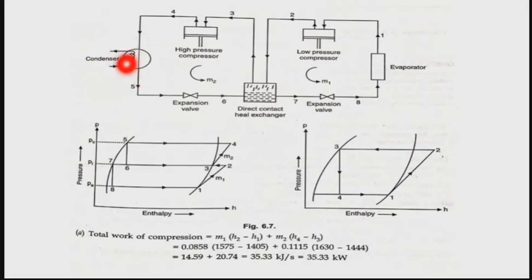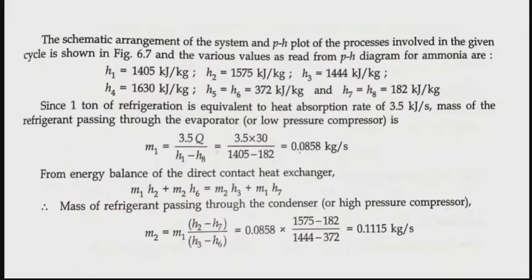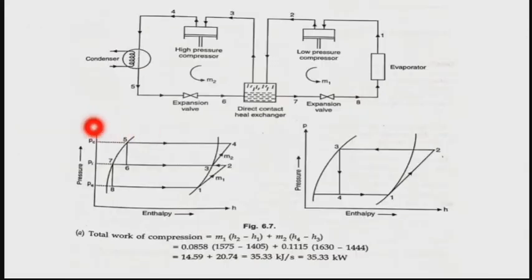Almost 90% is liquid and the rest is gas, and this mixture of refrigerant passes through the expansion valve and comes again to the direct contact heat exchanger. Now you can see the pH chart of the entire system.